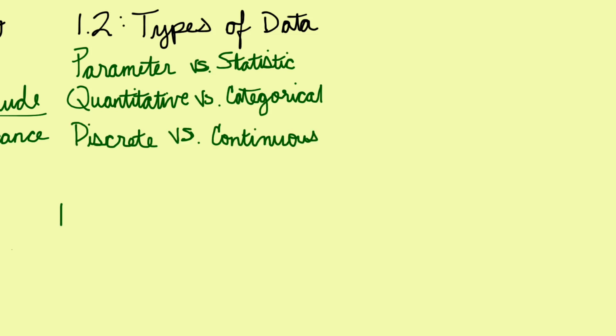And there's discrete and continuous types of data. Discrete is, the best way I can explain this is, discrete variables have integer values, where continuous doesn't necessarily have integer values. Discrete examples would be shoe sizes.